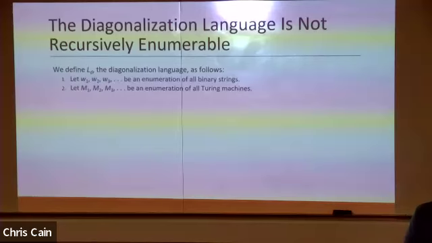M sub 1, M sub 2, M sub 3 is an enumeration of all Turing machines. We can diagonalize each possible M on each possible W. So the diagonalization language is W sub I such that W sub I is not in the language accepted by machine M sub I.